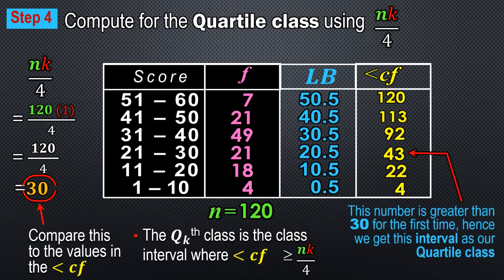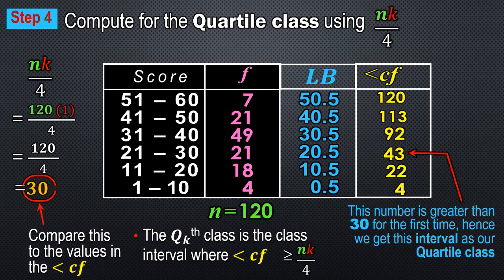Again, our quartile position is 30. If you look at the cumulative frequency, 43 is greater than 30 for the first time. So, hence, we get this interval as our quartile class.